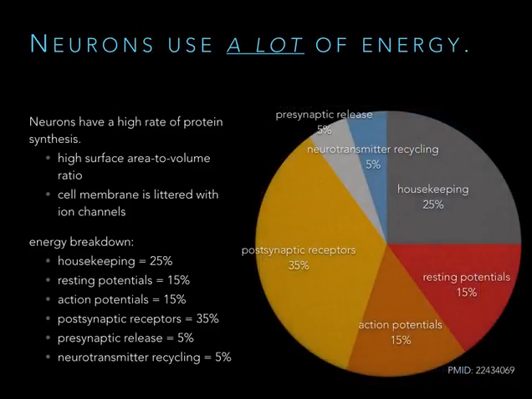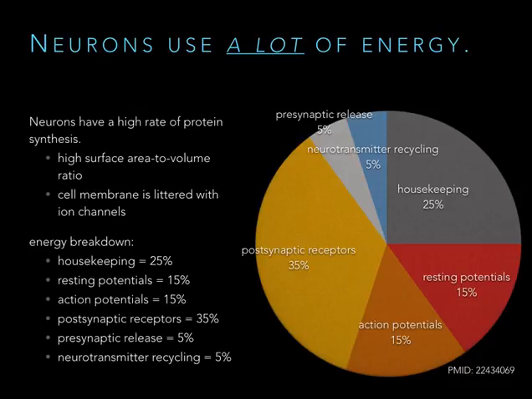So if we break down the energy usage for a neuron, we can see that they're using energy in a lot of different places. What we've talked about so far, the resting potential and the action potential, is only about 30% of what it does. Then there's gene expression, that'd be the housekeeping, postsynaptic receptors, presynaptic release, and the recycling of neurotransmitters accounting for the rest.